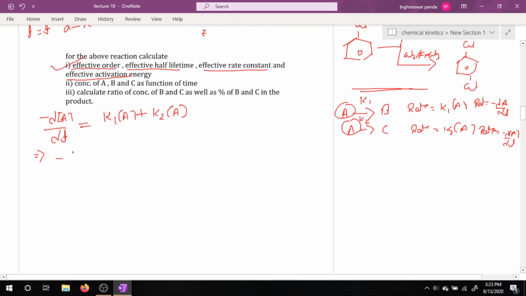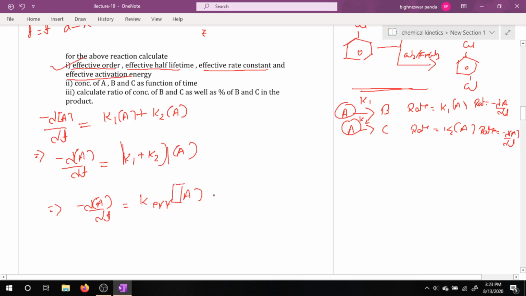So minus dA by dt is equal to (k1 plus k2)[A], and minus dA by dt is equal to k effective [A], just like a first order reaction.